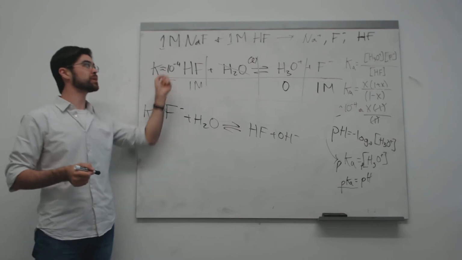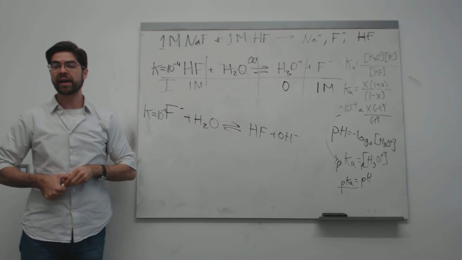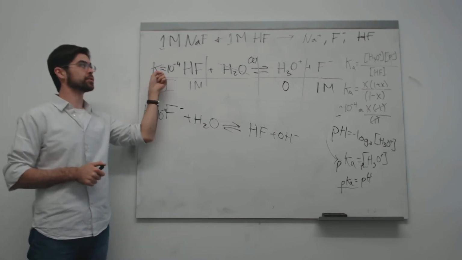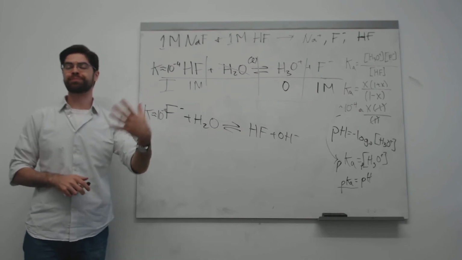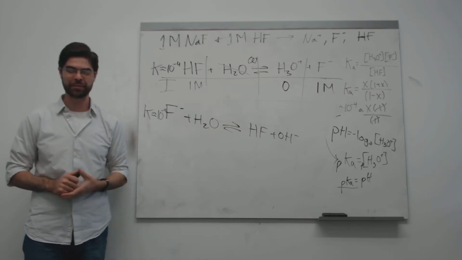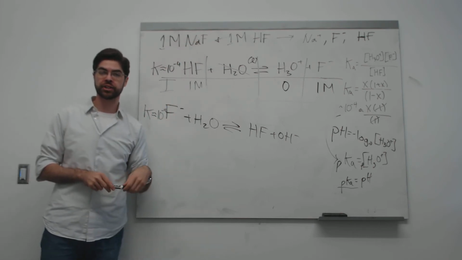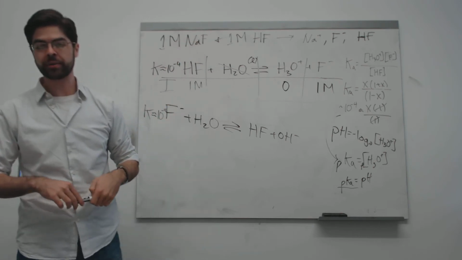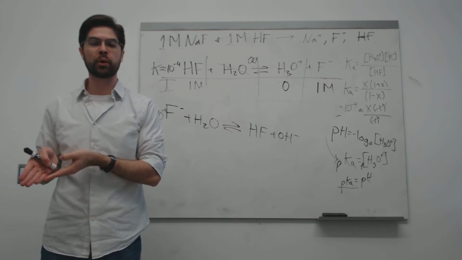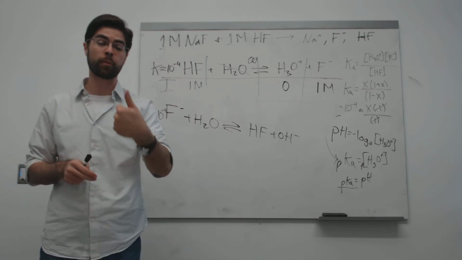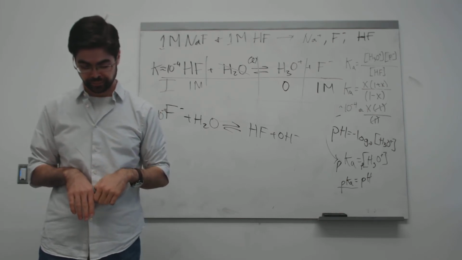So in this mixture of sodium fluoride and hydrofluoric acid, I predict that the acidic character of the weak acid is more pressing, for lack of a better word, than the basic character of its conjugate base. So that's another argument for why it should be acidic, is that the acidic component of this mixture is more powerful than the basic component of the mixture.